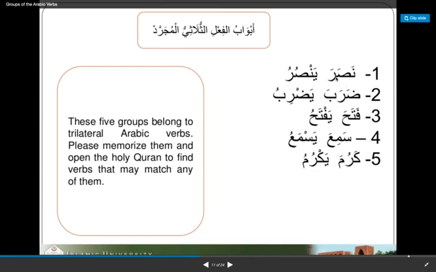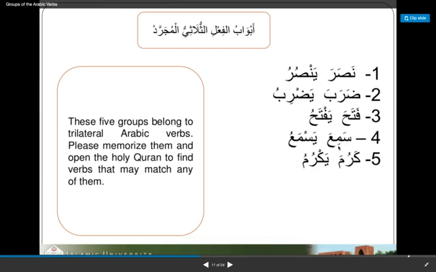For example, the difference between group 1 and group 2 is in the present tense. Here I have a kasra, but here I have a dhamma. For the third group, instead of a dhamma or a kasra, I have a fatha. So it's a third category. In the fourth category, the simple past has a kasra, sami'a.